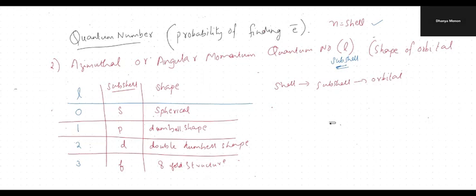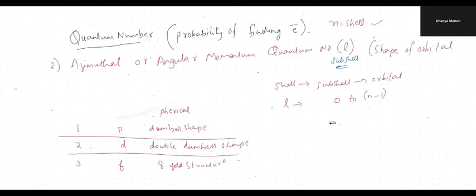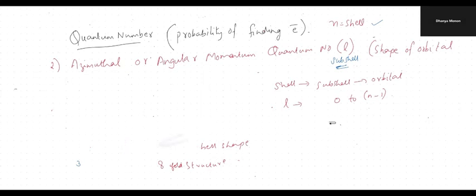Now, the value of l ranges from 0 to n minus 1. For example, if I have an n value of 1, then the l value will be 0.